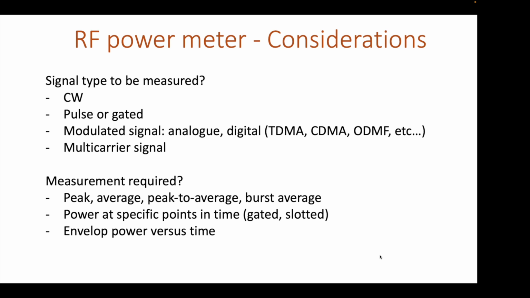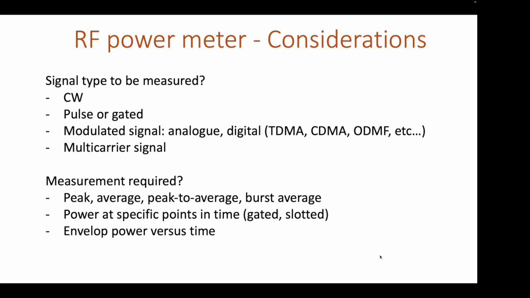We might be interested in the average of a certain burst, which is being transmitted there. We might be perhaps interested in power at a specific moment in time for some gated measurement or for some slotted type of protocol. And we might actually want to investigate the envelope power versus time in a graphical manner. So these are all rather different things here.